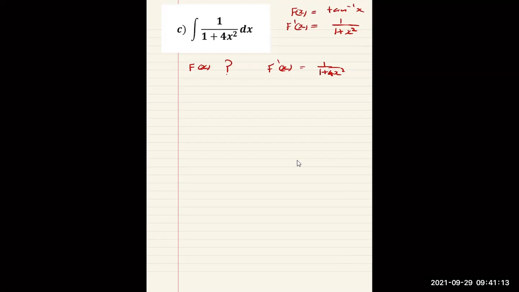Remember, again, we need to find the function uppercase F whose derivative is this function. But we found the uppercase F of x whose derivative is not exactly this function. We get 1 over 1 plus x squared, but we need a 4 here. So can we try a modified version of this function to get this function exactly? Well, let's see.